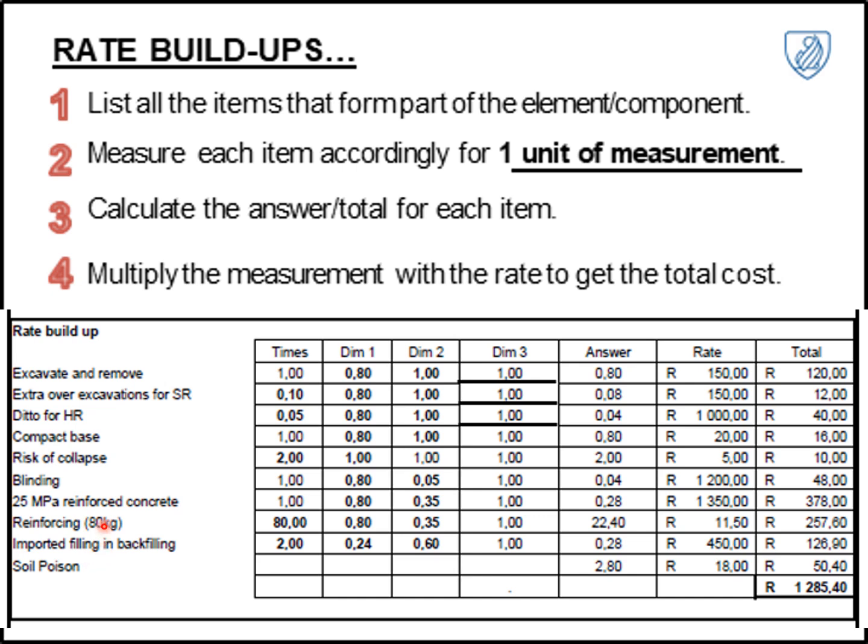Imported filling is also cubes. Reinforcement is a rate per cube, so it is a kilogram, or timesing times your cubes for your concrete. You will see your concrete and your reinforcement usually goes hand in hand.